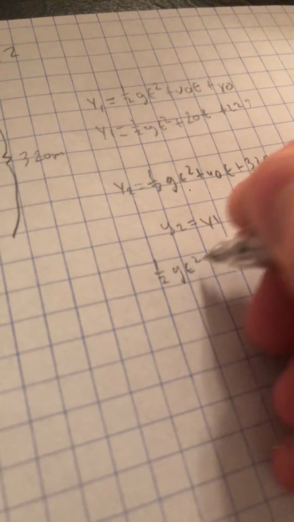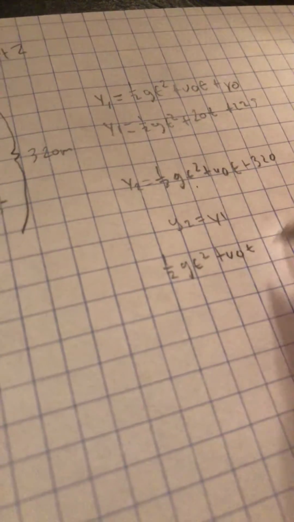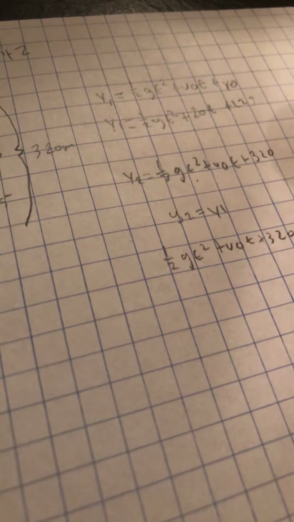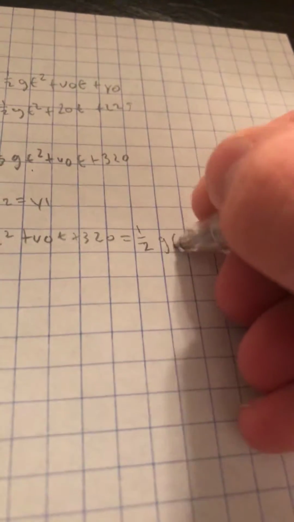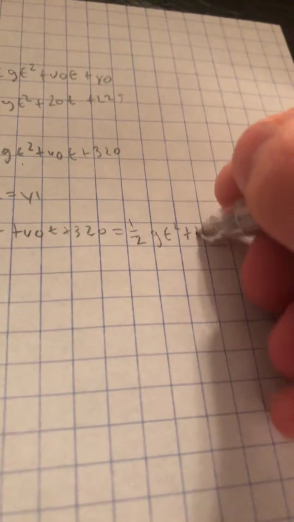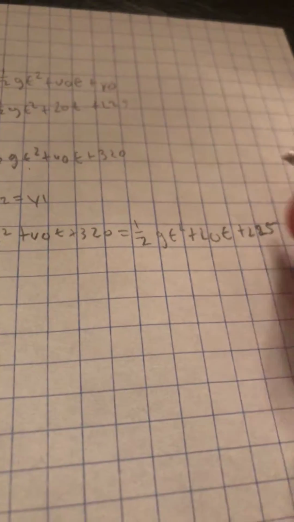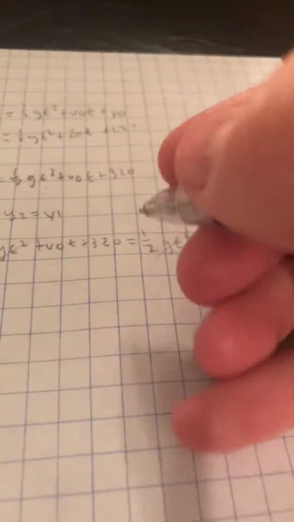So 1/2 gt squared plus v0t plus 320 is equal to 1/2 gt squared plus 20t plus 225. The 1/2 gt squared on both sides cancels out, and the v0t cancels out because it's just 0t.